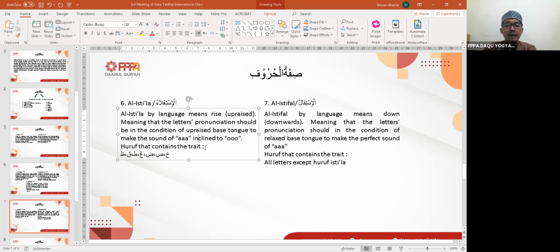I put my base tongue to the palate. I raise my base tongue to the palate to make the sound of a inclined to a, not o.